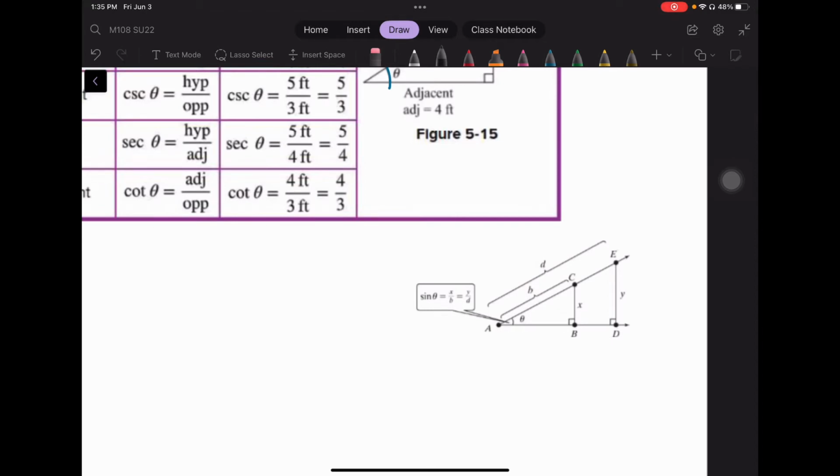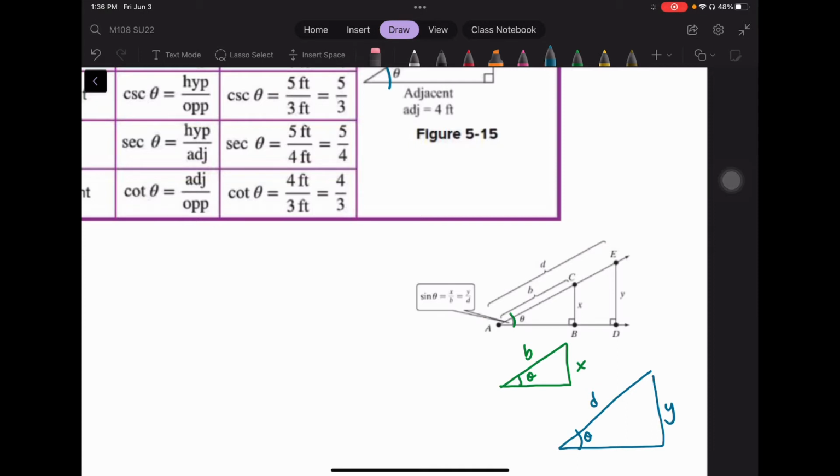For this triangle that we have here on the right, we see that the sine of theta is equal to x over b. So we're talking about, for theta of the smaller triangle ABC, that is x over b. And then for the larger triangle ADE, that would be y over d. And in this case, the angle isn't changing.